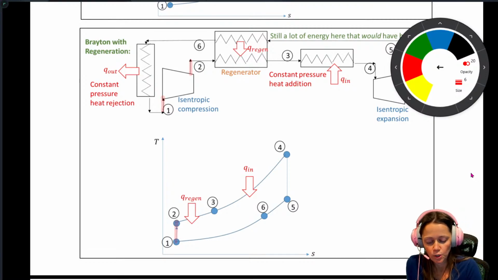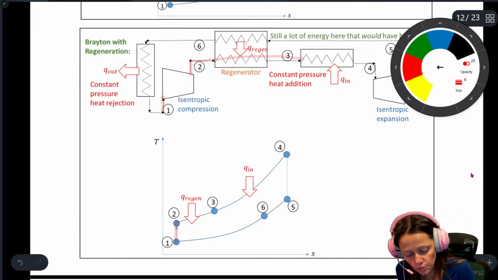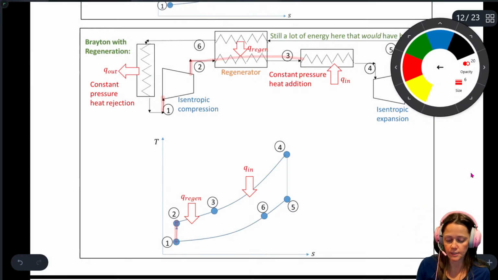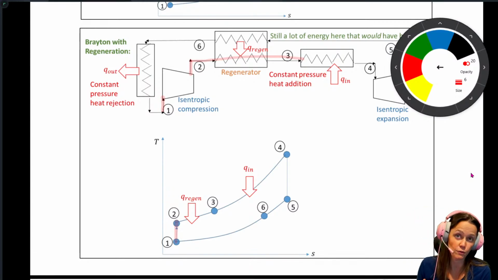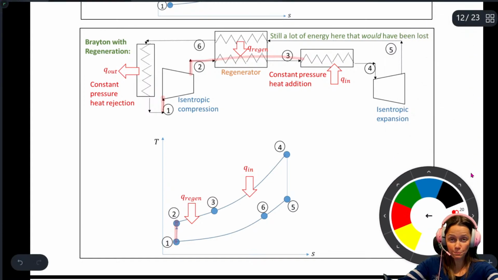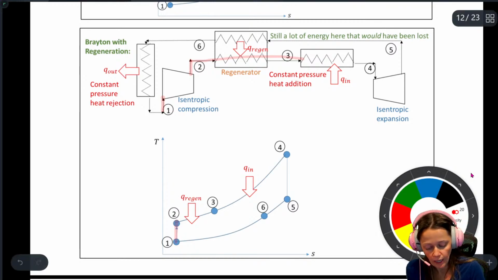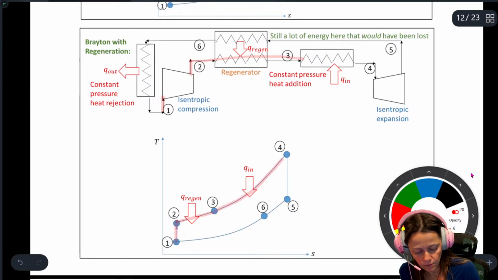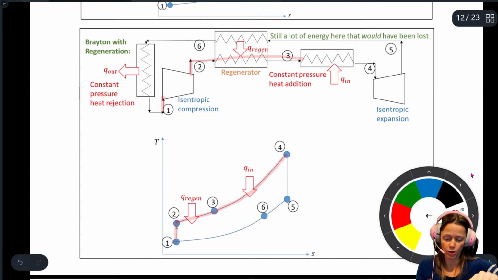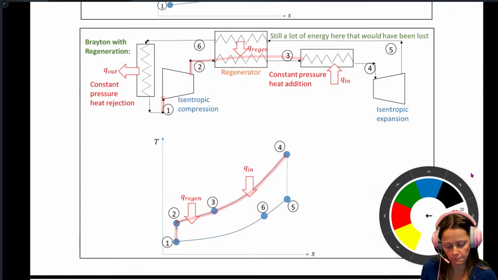And then from 2 all the way to 3, you've got this constant pressure process. So from 2 to 3, your temperature is going up because, once again, we're capturing some of that wasted energy and we're redirecting it back into the stream. And so the temperature goes up, but it goes up along a line of constant pressure, which, if you recall, those are kind of curved up on a TS diagram.